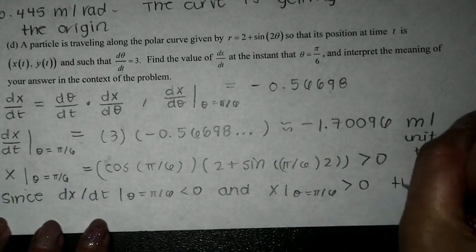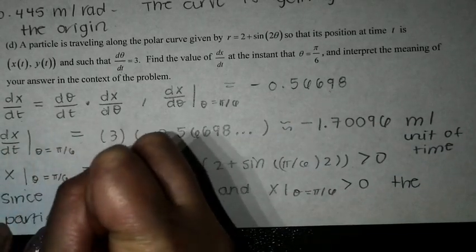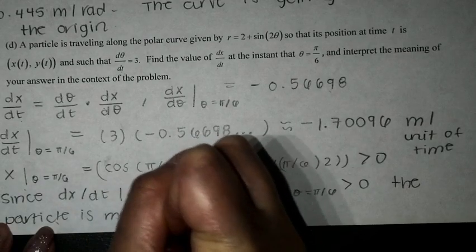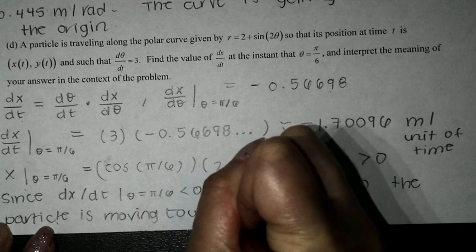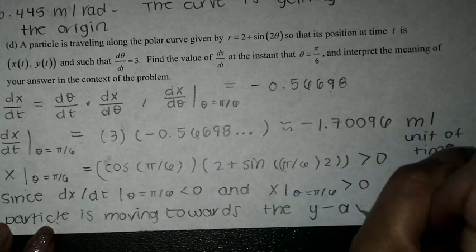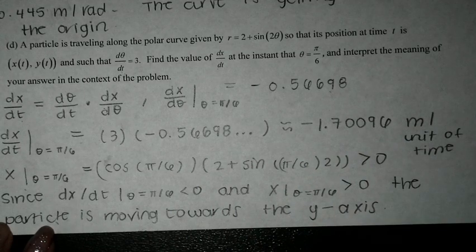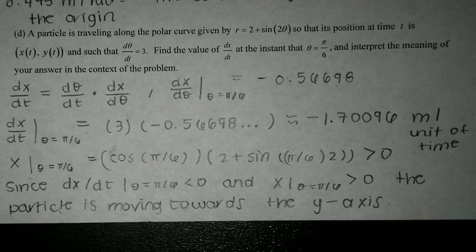The particle is moving towards the y-axis, and this is happening because they have opposite signs. Please note that that's very important. So let's move on to the next example.